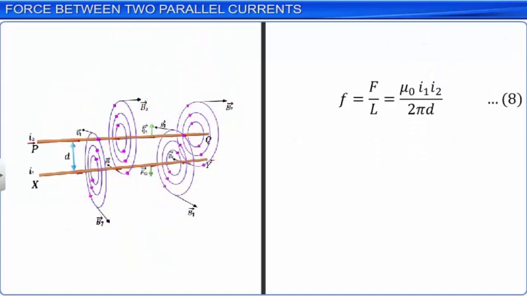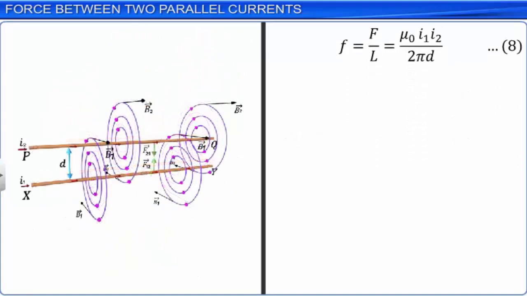Using this expression for force per unit length, let us now define the SI unit, ampere. Let the distance of separation between the conductors d be equal to 1 unit, which is 1 meter. Let the current through the two conductors be equal to 1 unit, which is 1 ampere. Then, the force per unit length becomes mu naught by 2 pi.